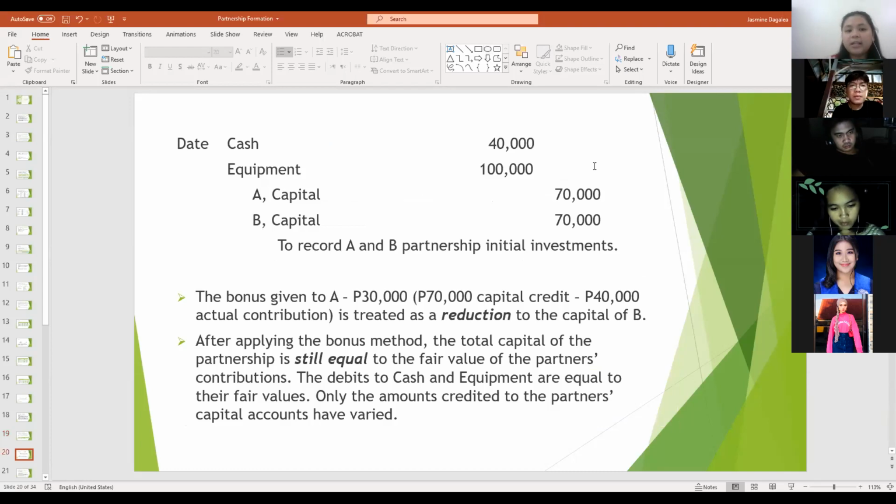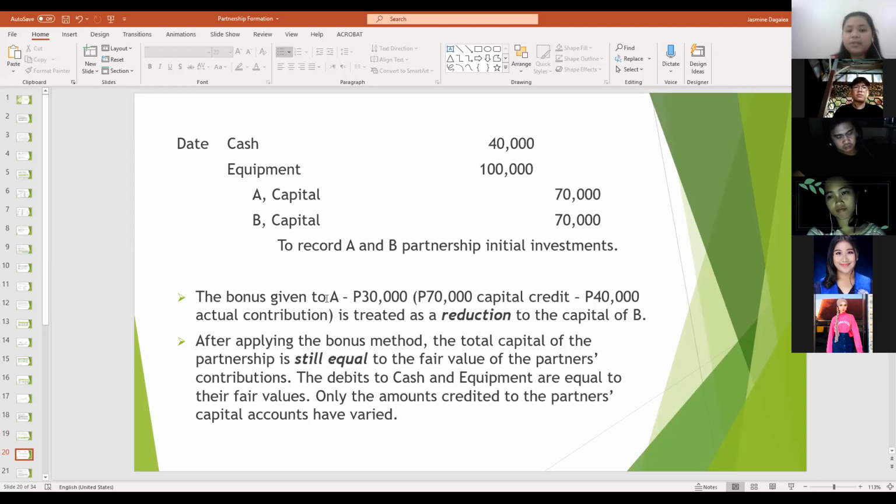So yung journal entry nyo, debit cash, face amount of cash, equipment, the fair value of equipment, 100,000, credit A capital, 70,000, credit B capital, 70,000. Yan. To record A and B partnership initial investments. So 50% yung share nila each sa partnership equity.